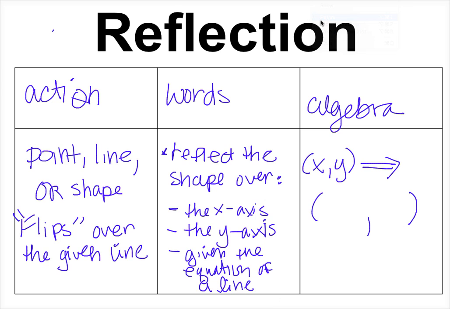D is 2 away from the x-axis, so this is going to be 2 away from the x-axis. B is 4 below, so it's going to be 4 above. C is 4 below, so it's going to be 4 above. Okay. So this is number one.